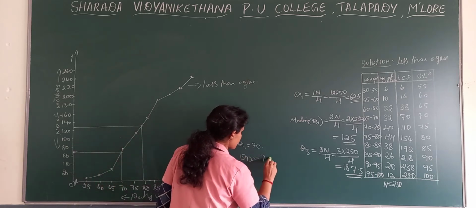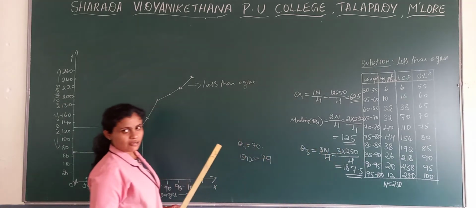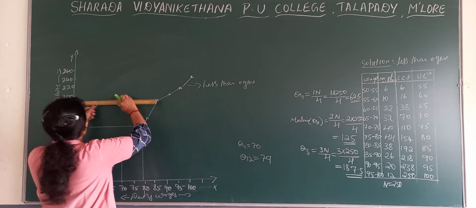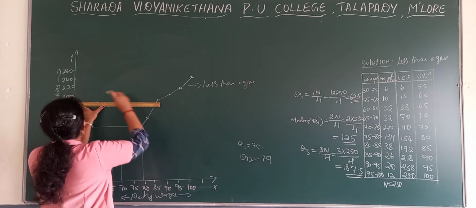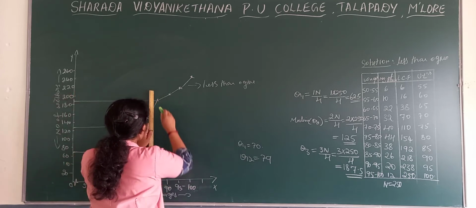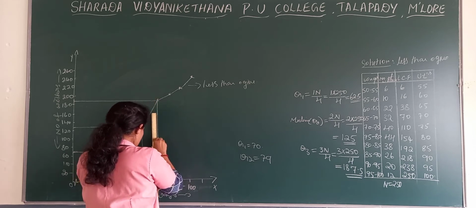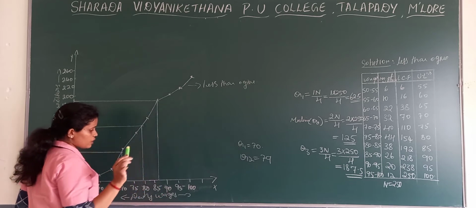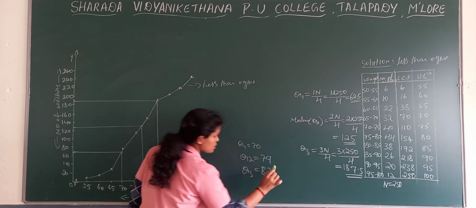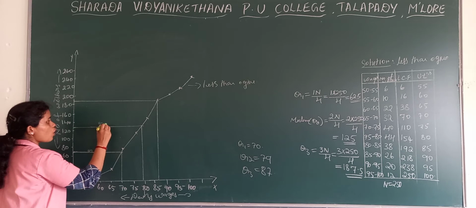Q2 median is 79 here, and Q3 is 187 or 188. Here we get the value 87. Q3 is 87. So here Q1, Q2 or median, and Q3.